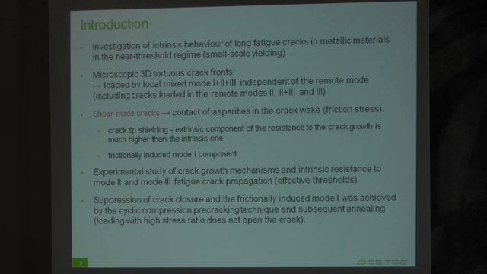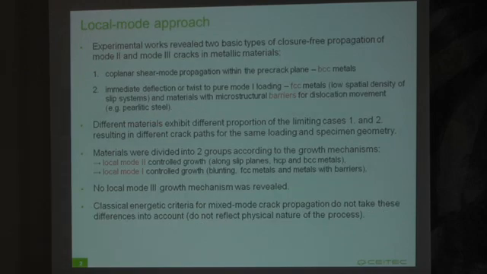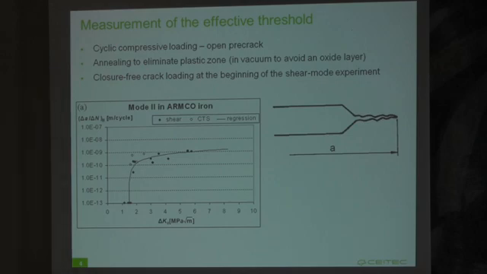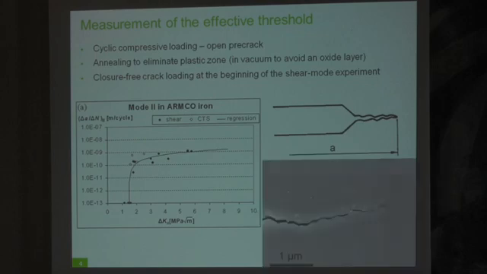So we suppressed the crack closure using the cyclic compression pre-cracking technique. Using this technique, we obtained open pre-cracks generated under compression under Mode 1. And here is an example of such an open pre-crack.